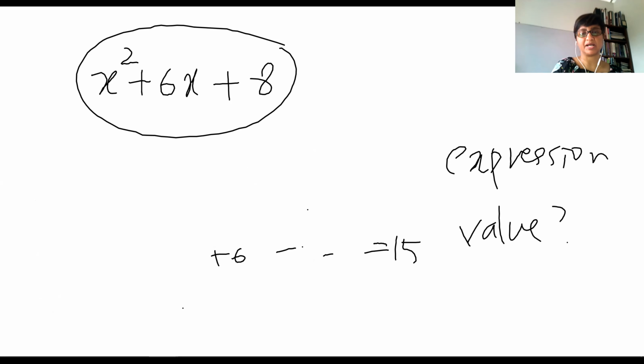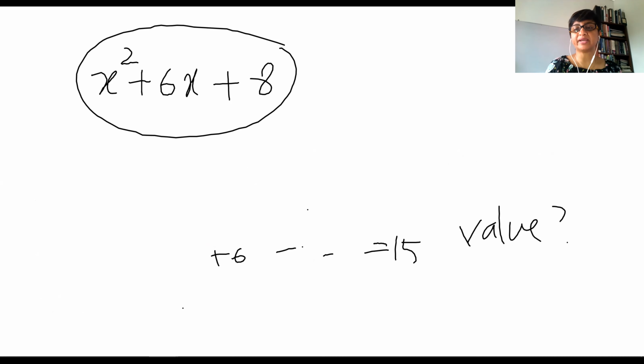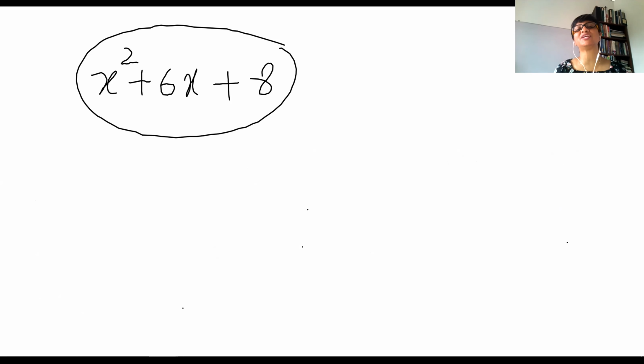If x takes what value, would this whole expression's value be equal to 0? Are you able to tell me within a second? Just answer me. Are you able to or not?